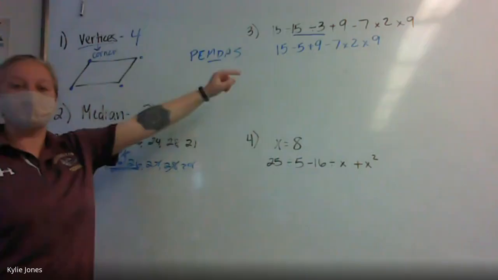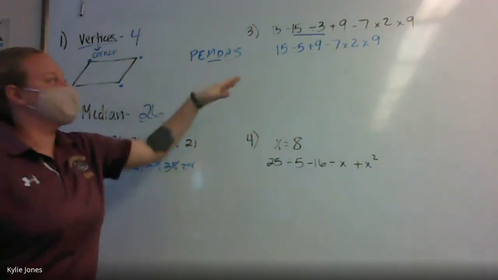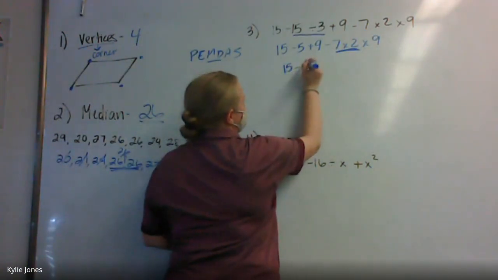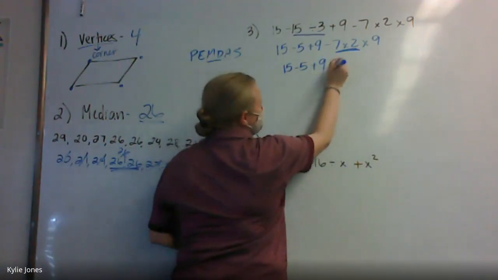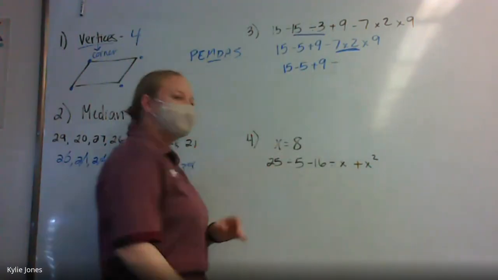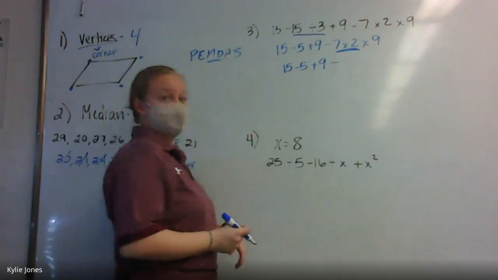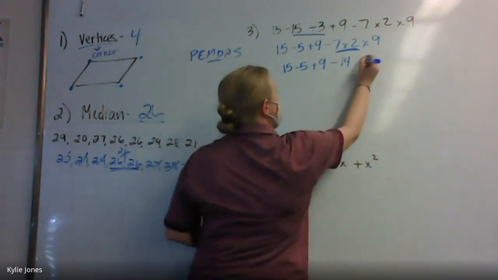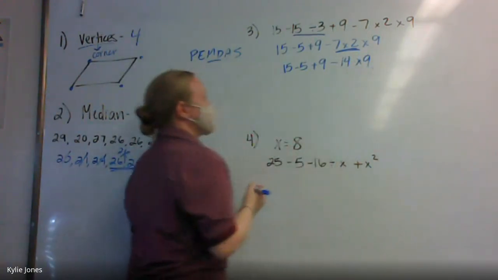Then we still have some multiplication to do. We did the division. Still have to do multiplication. Let's start with 7 times 2. So we have 15 minus 5 plus 9 minus. What's 7 times 2? 14. And then we have times 9. So what's our next step?